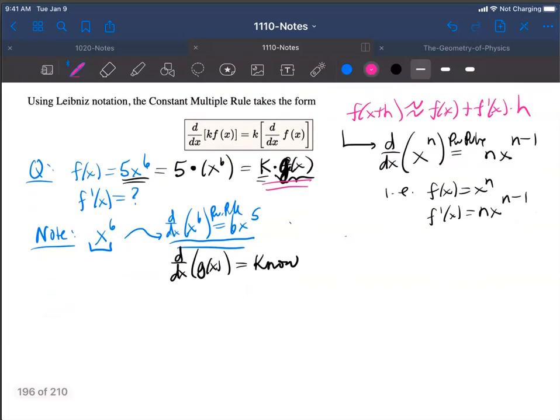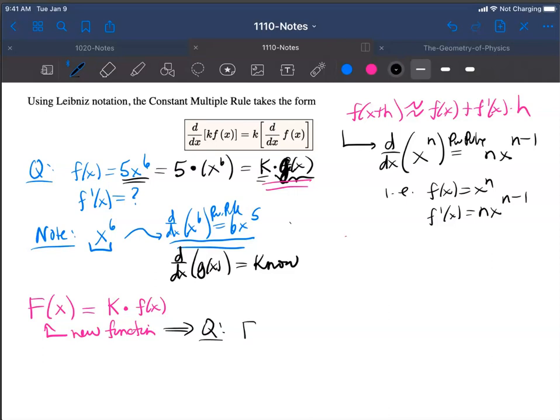My claim is that I'm going to show you how to use this calculus formula. I'm going to define big F of x to be a constant k times f of x. So I'm making a new function, and the question is, what is the derivative of that function?